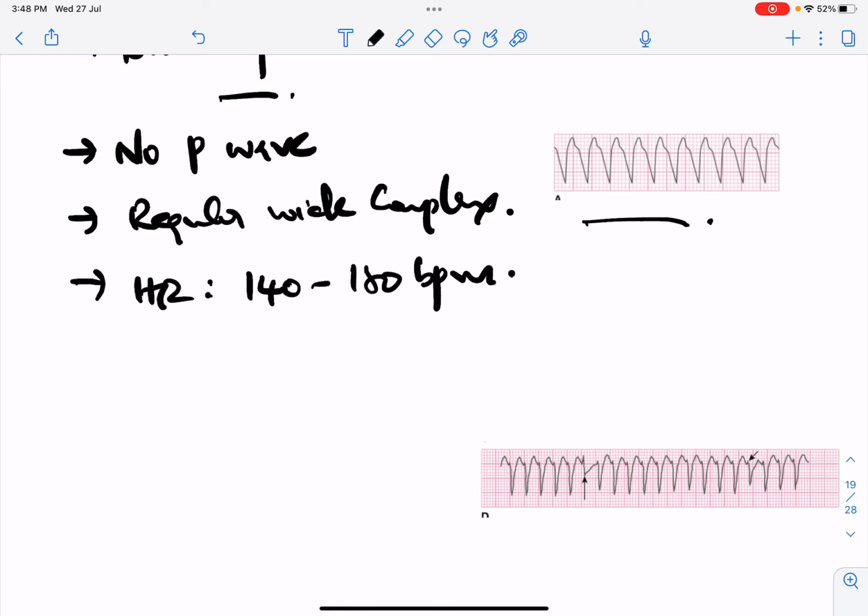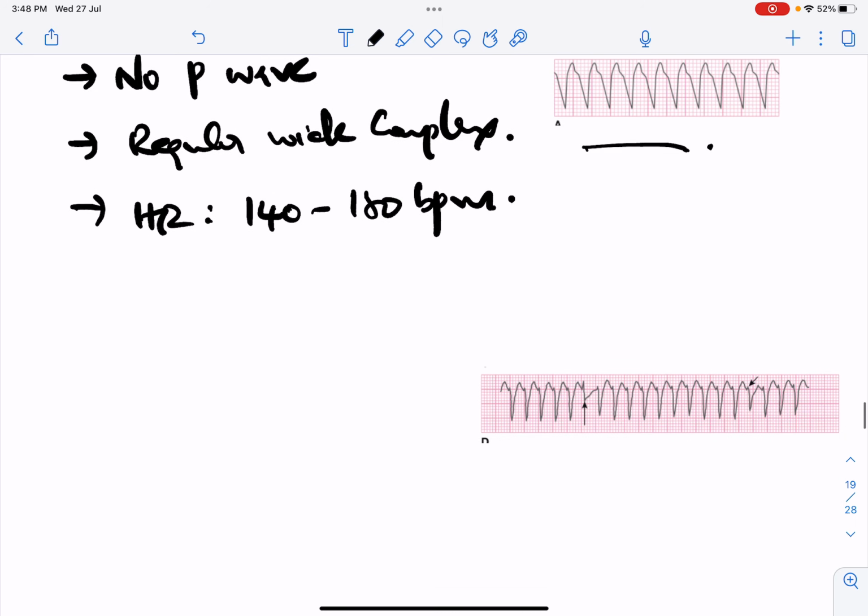Okay, but I already mentioned the commonest differential diagnosis of monomorphic VT is SVT with aberrancy. So there are certain features which can be used to identify monomorphic VT from SVT with aberrancy. The first is positive QRS concordance in the chest leads. Okay, all leads will be positive.